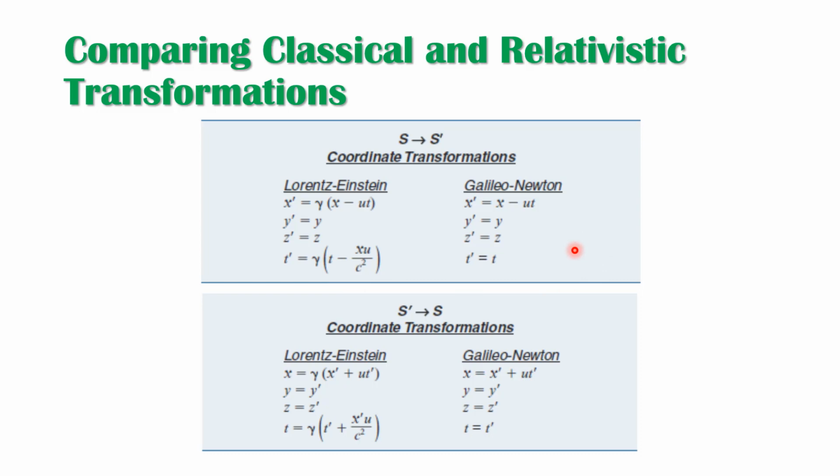Now, if u is much lesser compared to the speed of light, then these equations will be reduced to the Galilean transformation equations. So this is also the coordinate transformation relating S prime coordinates to S.